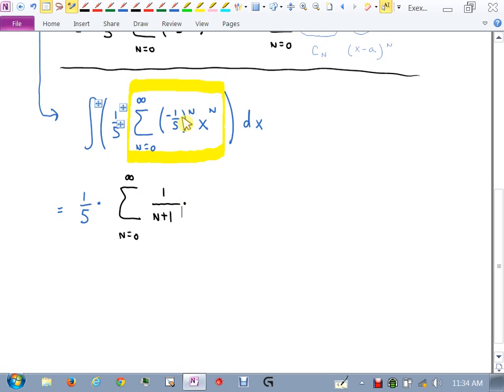This is a constant, it doesn't change. Well, it changes with n, but it doesn't change in relation to x. So that stays the same. Notice that. The negative 1/5 to the n does not become an n plus 1. The only thing that gets the n plus 1 is going to be the x. The antiderivative of x to a power, the x gets the exponent added. Understand? That's why it was so important to peel that negative 1/5 off, because if you leave it in there, then the negative 1/5 is getting the n plus 1 on it. Follow?